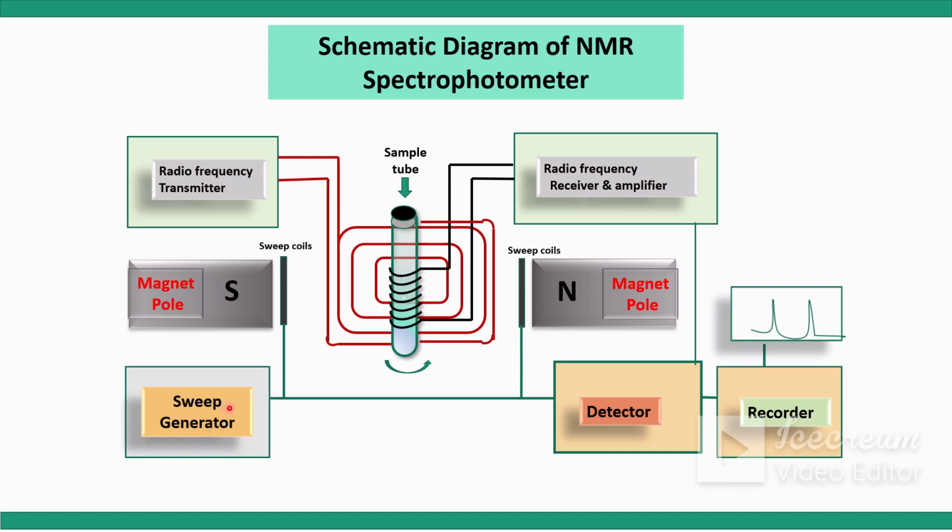The sweep generator generates the magnetic field in the sweep coils, and thus the magnetic field is slowly varied till the protons in the molecule come under resonance. When they come under resonance, the signal is received by the radio frequency receiver, goes to the detector, and is recorded with the help of the readout system, and the spectra is obtained.